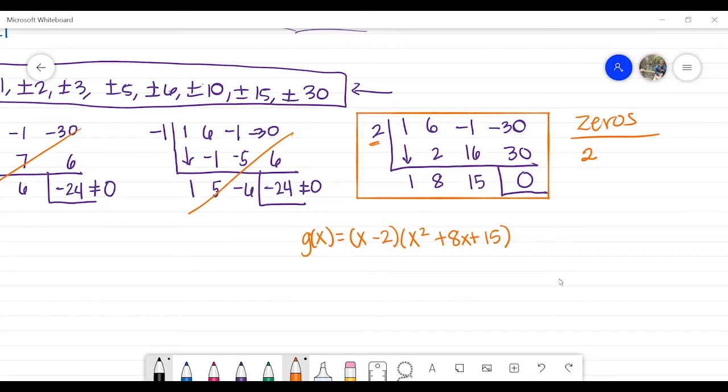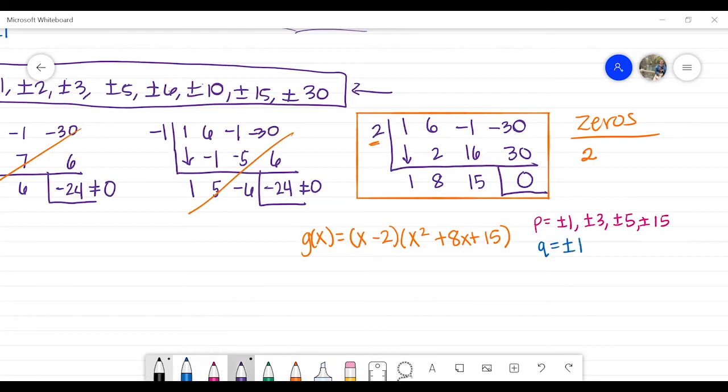Now, again, I have the option from here to either keep factoring, right? I can even do a whole new list if I want. With 15 here, P over Q is a much shorter list because P would be plus or minus 1, 3, 5, and 15. And Q is still just plus or minus 1.